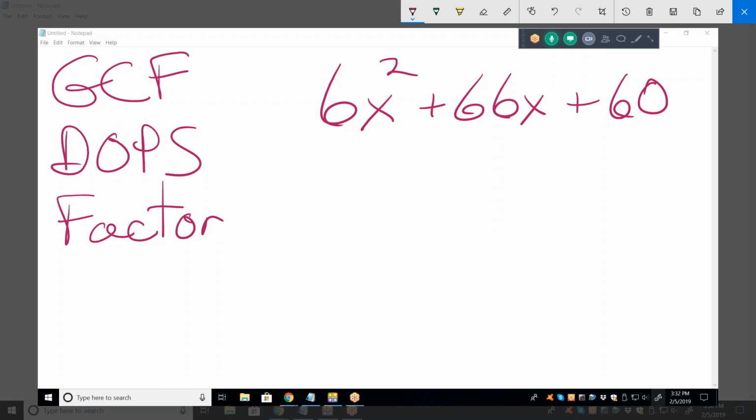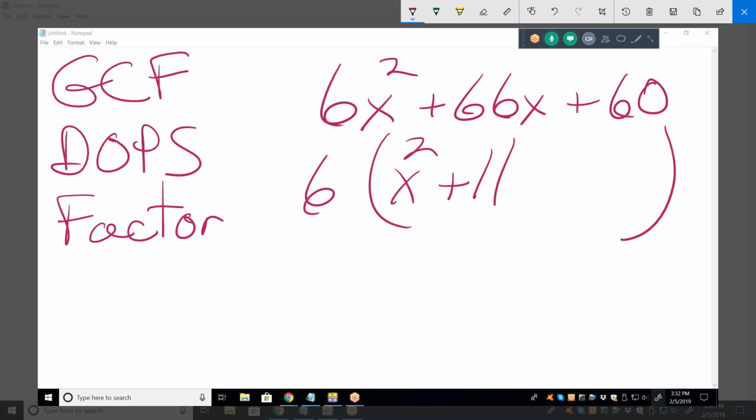Greatest common factor means the greatest number divided into all 3 terms. 6. Okay, what's left? So x squared plus 11x plus 10. Keep going.